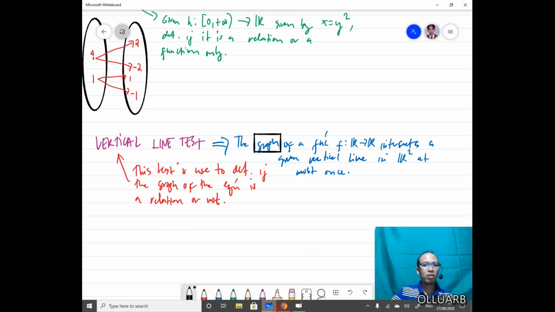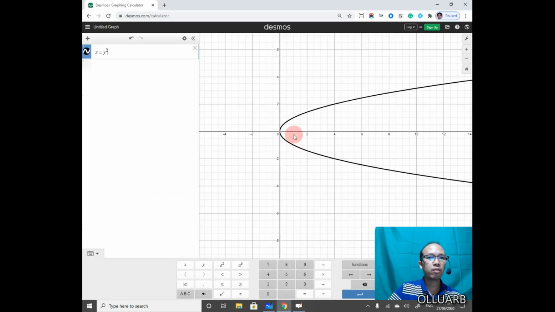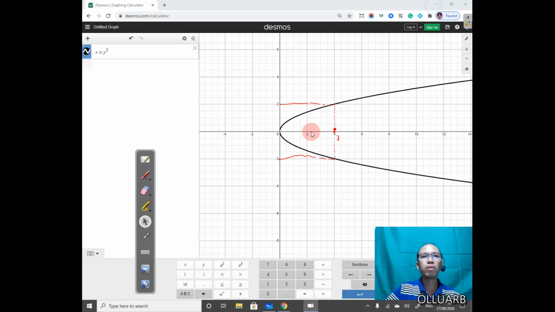For example, this equation x is equal to y squared, if you look at the graph, if you draw a vertical line, let's erase this one. If you draw a vertical line here, it touches the graph at most once.